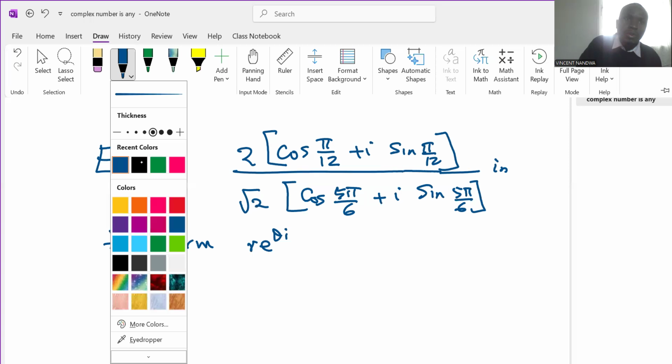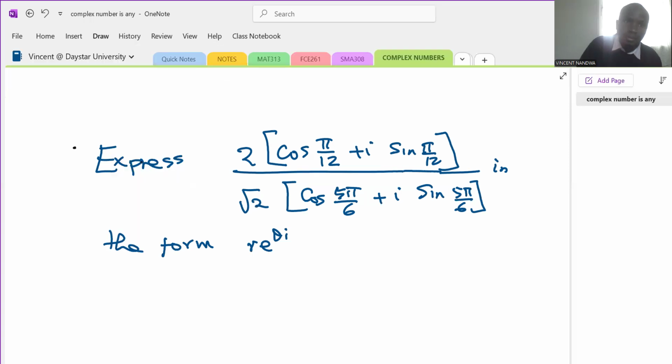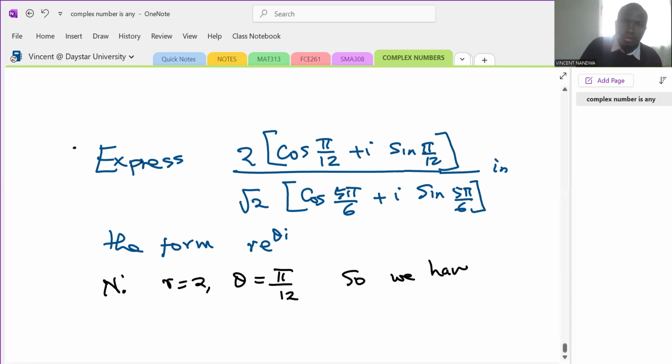So our numerator: r is 2, theta is pi over 12. So we have r e raised to the power theta i, which is equal to 2 e raised to the power pi over 12 i.